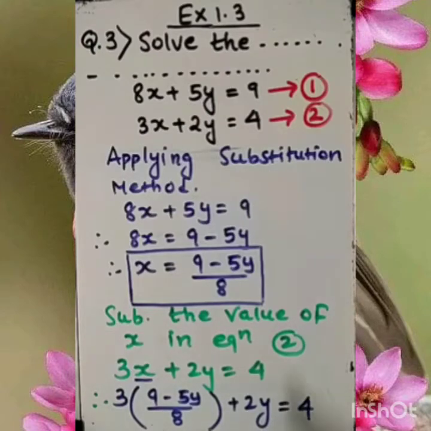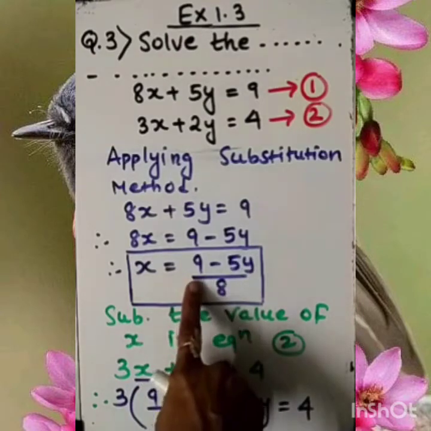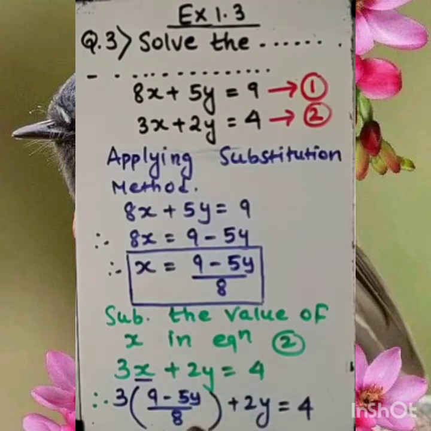Nothing I have done here. Once again look at your screen. See here, in place of x I have written (9 minus 5y) by 8. Clear? Now as I told you, just try to cancel the numerator and denominator if you find any common factor in that. But if you can't, then just hold on, I am explaining how to do it.